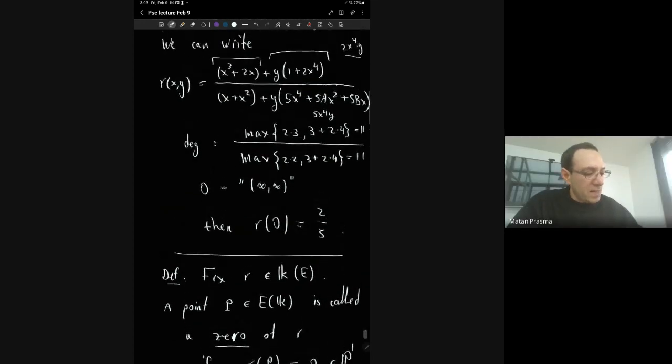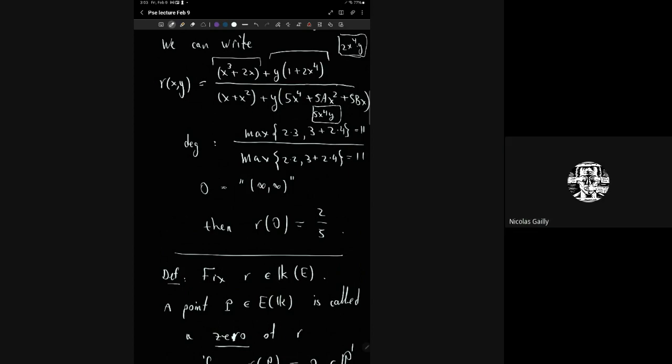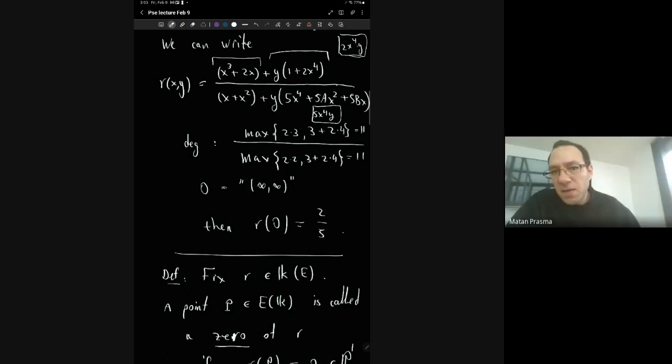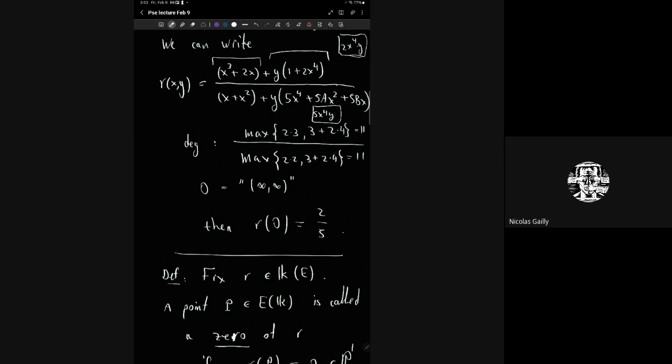Okay, and where does the R of O equal 2/5 come from again? Because I take the highest monomial in the numerator and the highest monomial in the denominator, and I divide the leading coefficients. But why was it useful to look at the degree then?